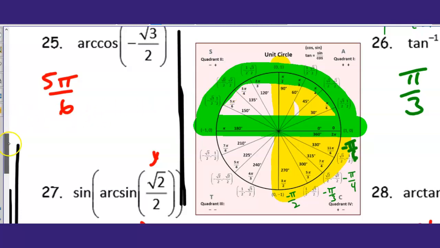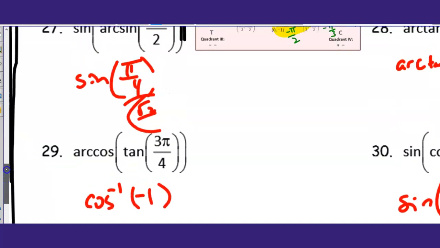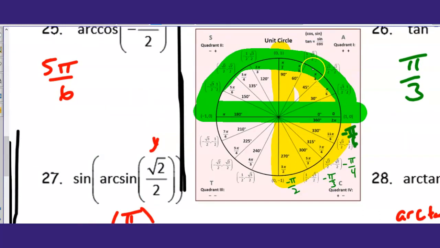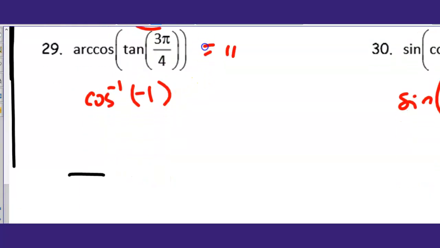That's negative 1. So now I want cosine inverse of negative 1. Look at the top half of your circle because that's inverse. Where's the x value negative 1? Right here at pi. So the answer here is pi.